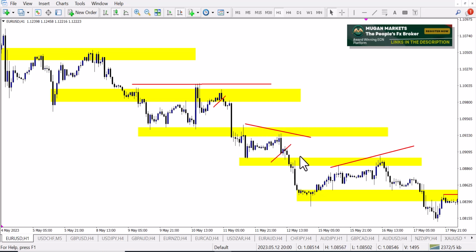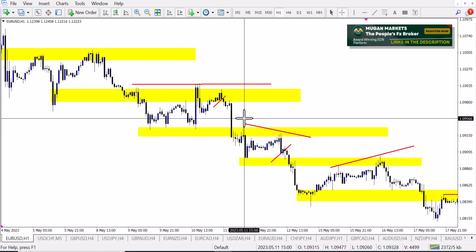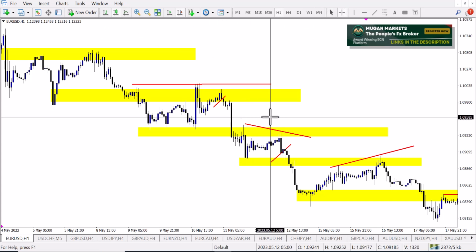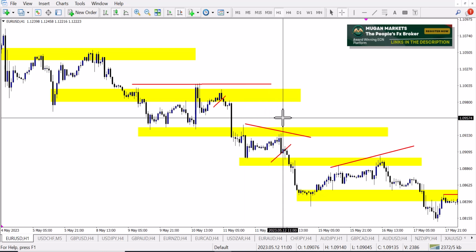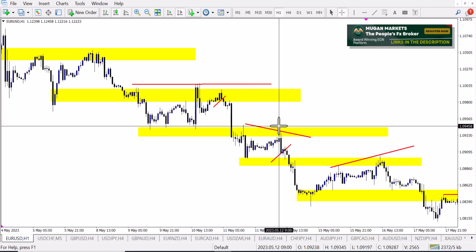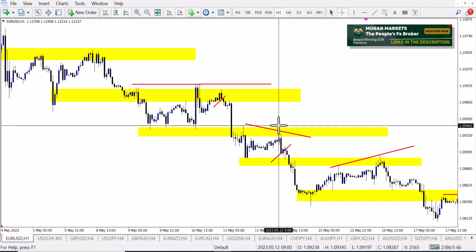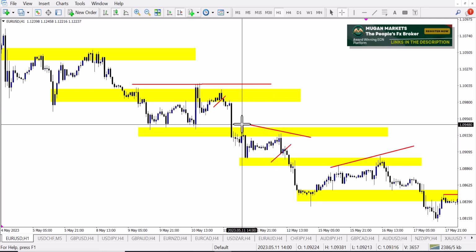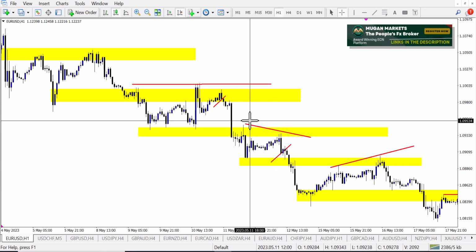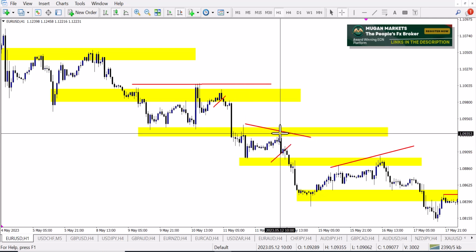More or less, these patterns are going to coincide with your sessions, right? So if you're trading the London session, you can expect the second leg in the London session. As you can see here, this was in New York, the first retest. The second one was in the London session.